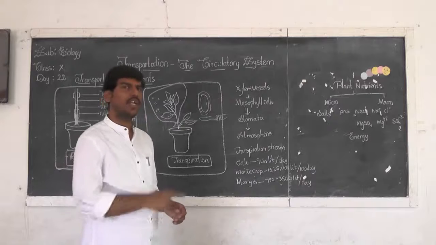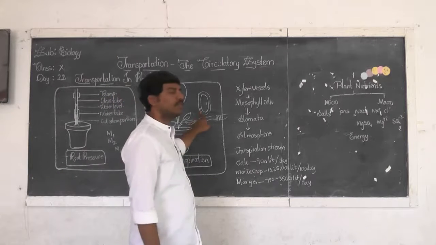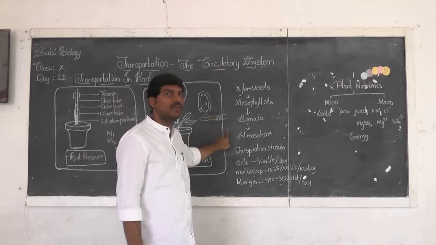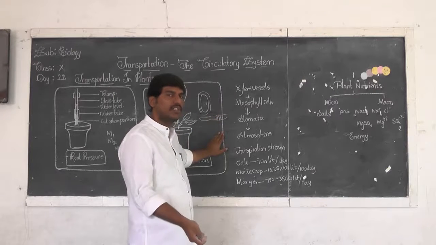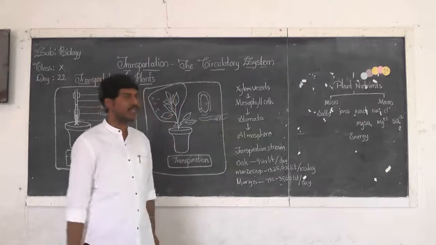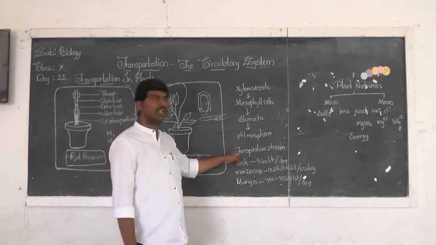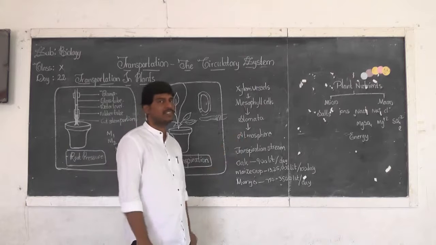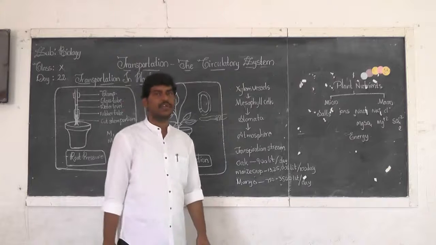As the water from the mesophyll cells evaporates, the water from the lower levels is pulled up, so the water stream is continuous. Therefore, we call such a stream of water column the transpiration stream.